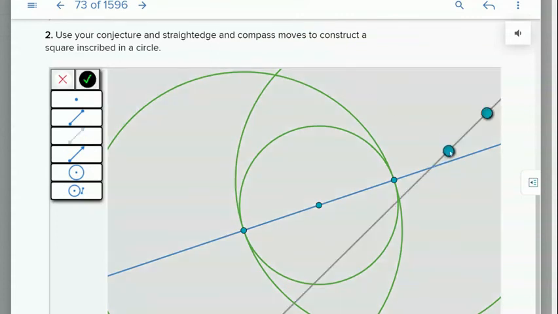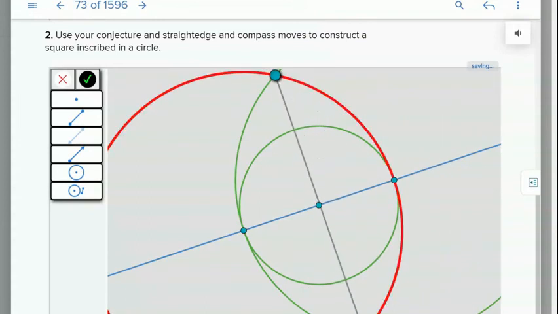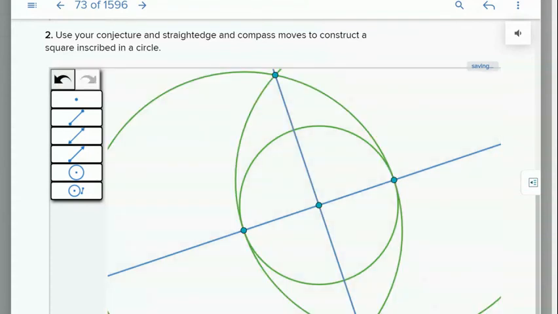Now, what I'm really doing is creating a perpendicular bisector, right? And I'm trying to get it, there we go. So there's my perpendicular bisector. Now, do you see those new points of intersection right here and right here?